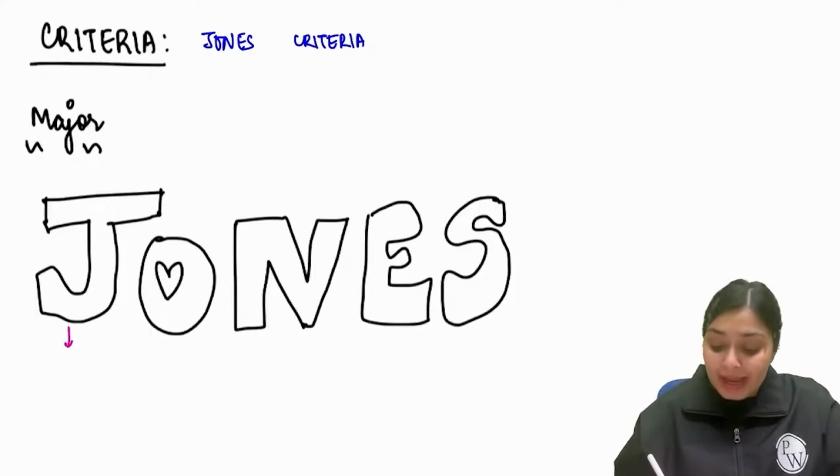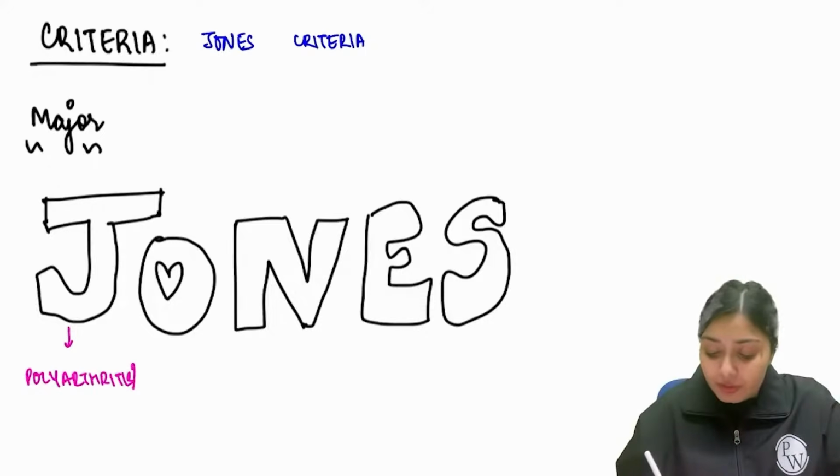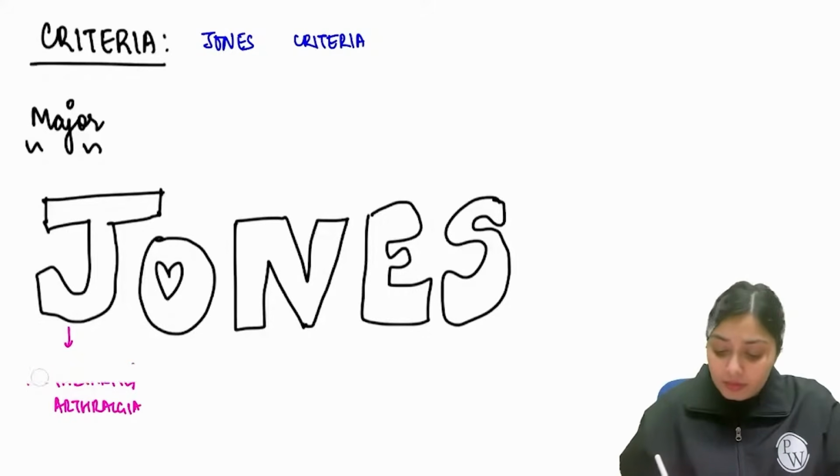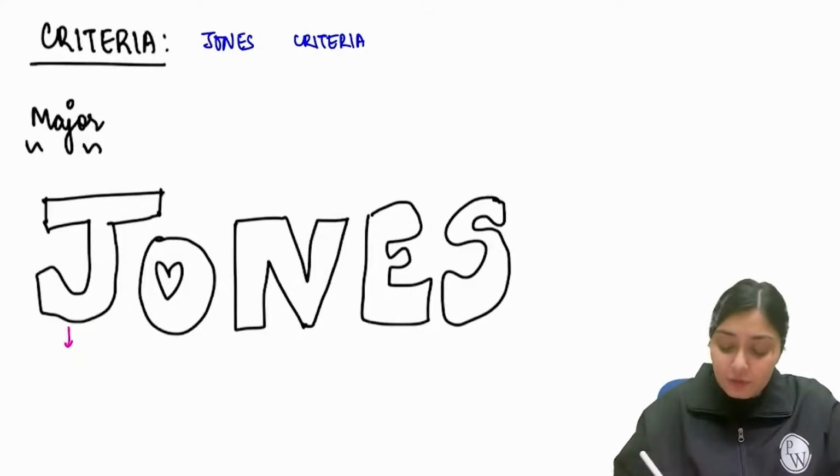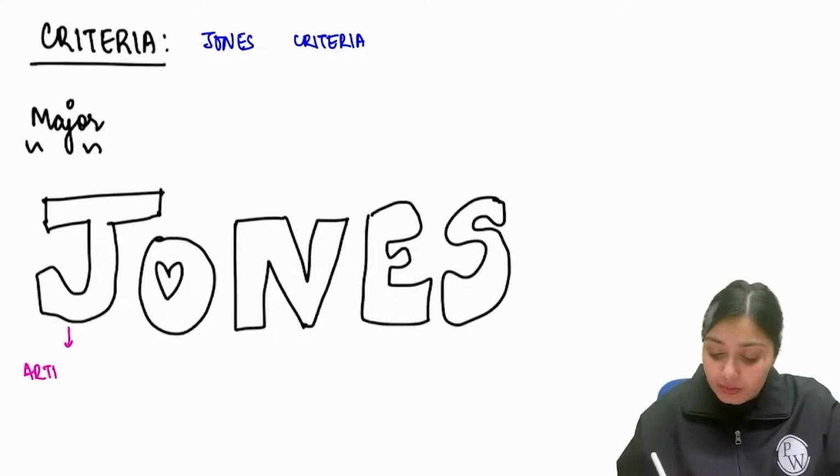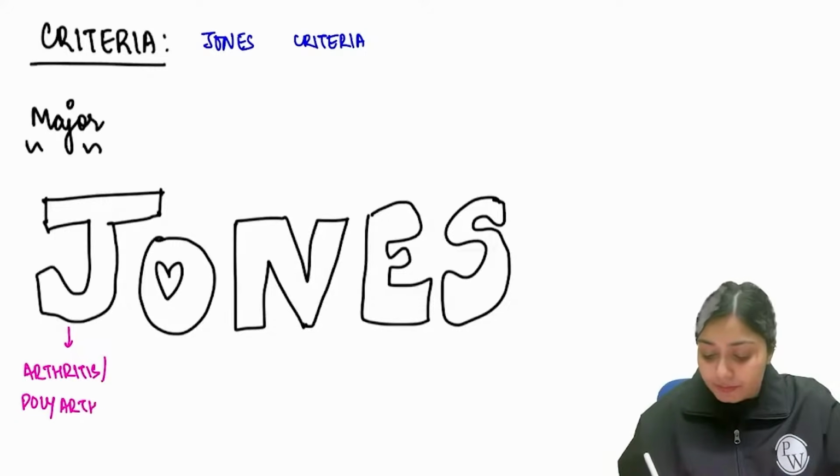So major has polyarthralgia or arthritis, right? J is for arthritis, inflammation of the joints, or joint pain, that is polyarthralgia.